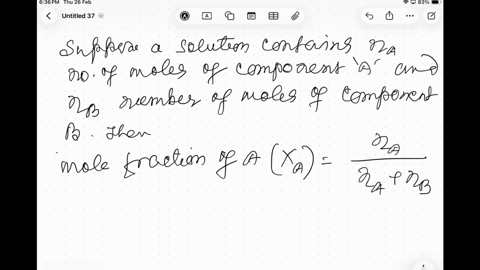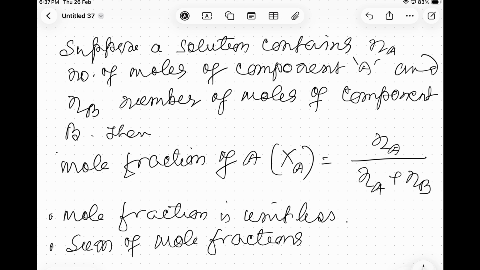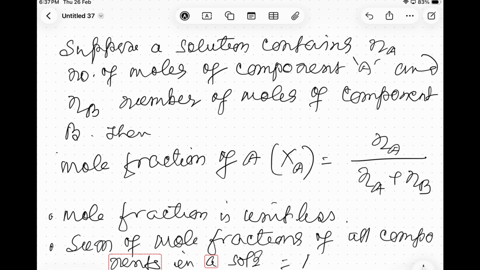Mole fraction is unitless. And the second important point, the sum of mole fractions of all components in a solution is equal to 1.